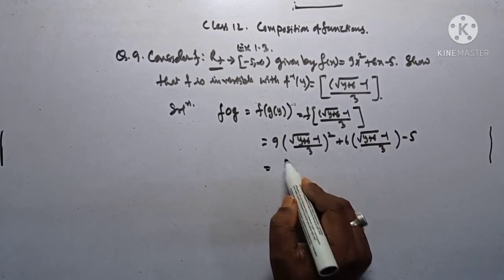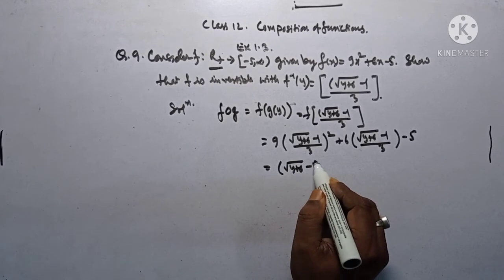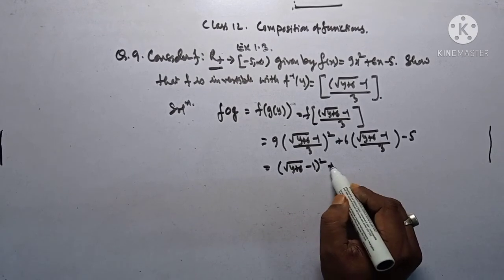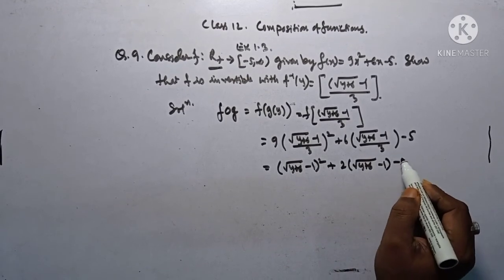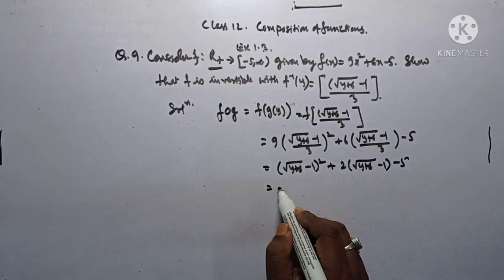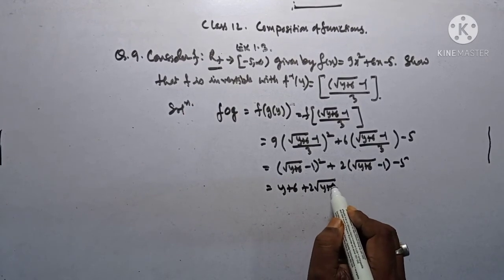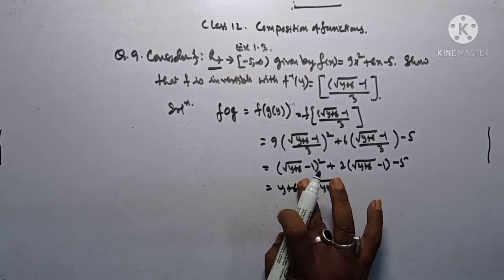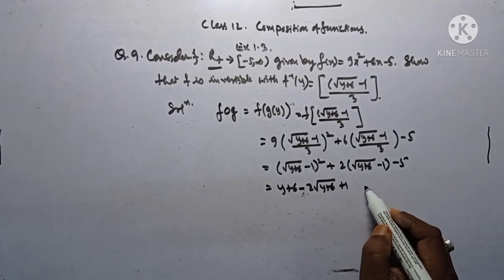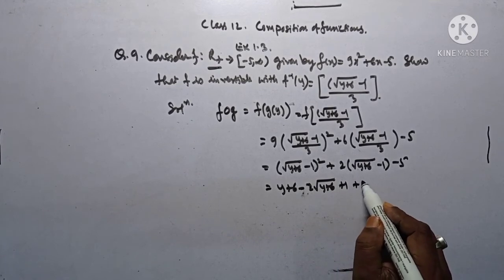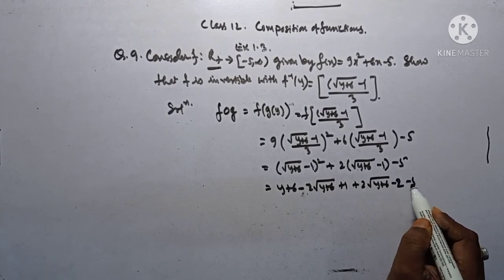So this 9 cancels out, so root y plus 6 minus 1 the whole square, 3 2s are 6, so 2 root y plus 6 minus 1 minus 5. So y plus 6 plus 1 minus 2 root y plus 6, and again plus 2 root y plus 6 minus 2 minus 5.